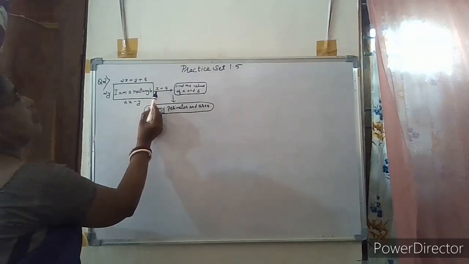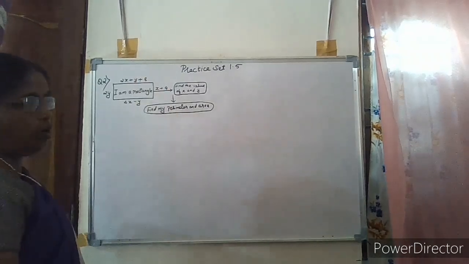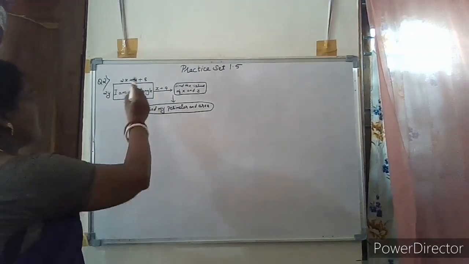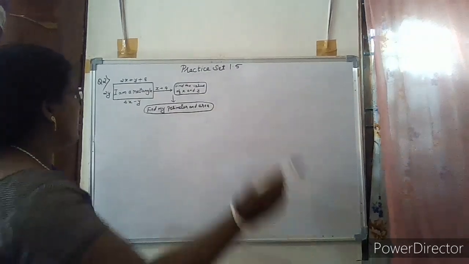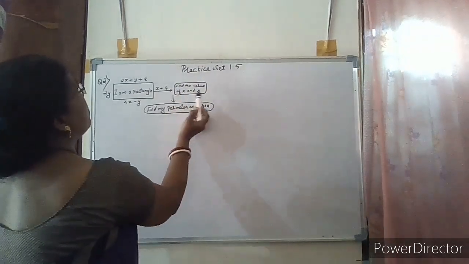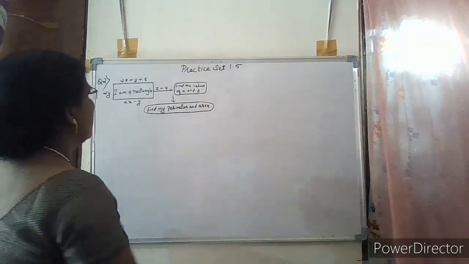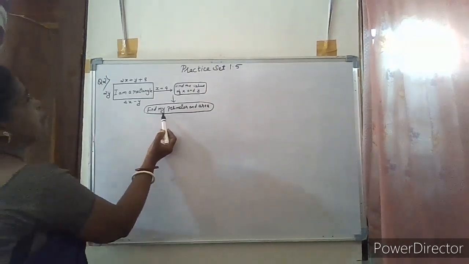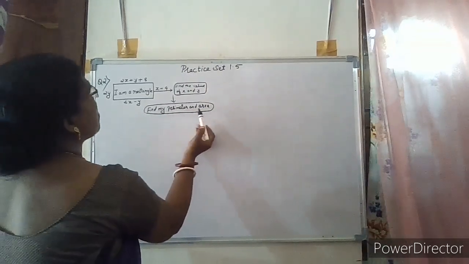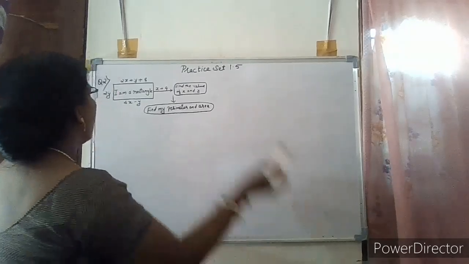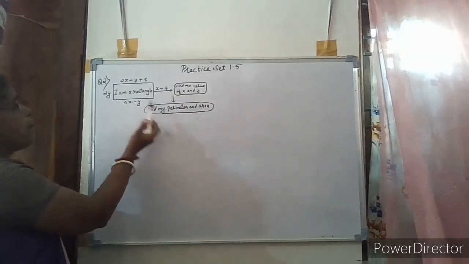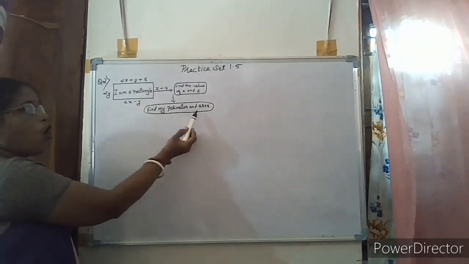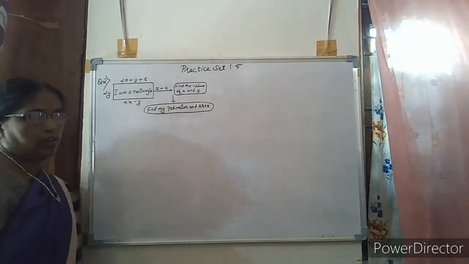2y is equal to x plus 4 in this way. So this length and breadth form two equations. Now the question is given: find the value of x and y. Then we have to find the perimeter and area of this rectangle.